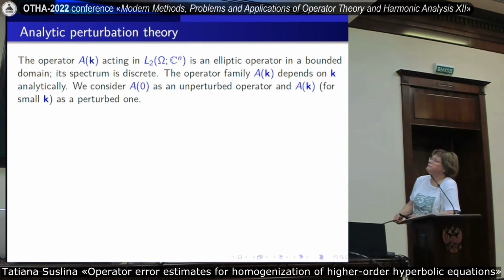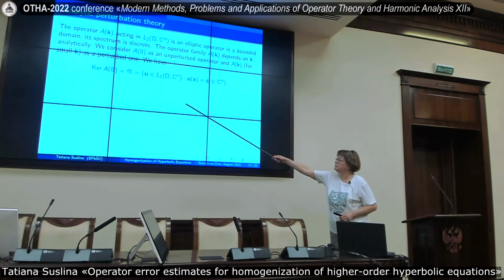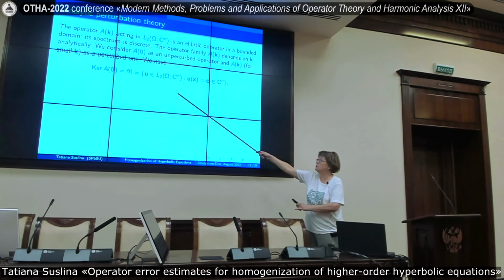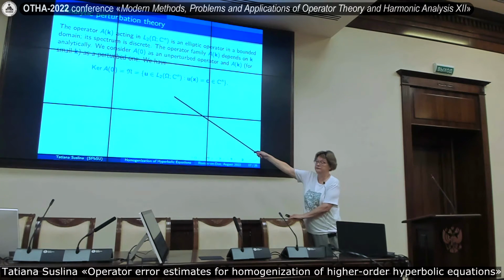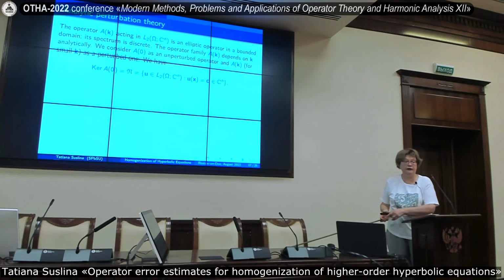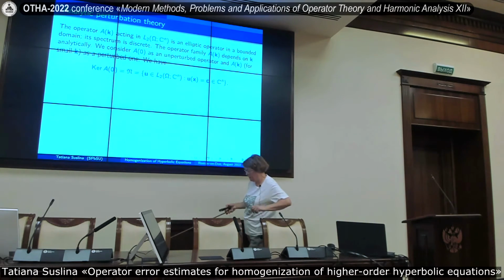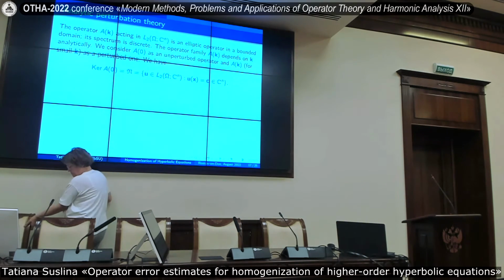We consider A of 0 as an unperturbed operator and A of k for sufficiently small k as a perturbed one. The kernel of the unperturbed operator is exactly Gothic N defined above, the subspace of constants. So we have an n-dimensional kernel of the unperturbed operator.